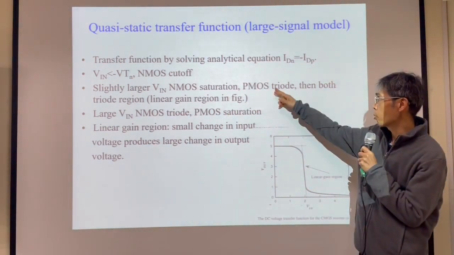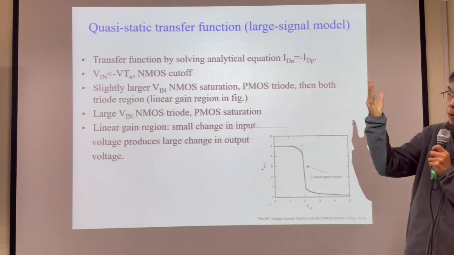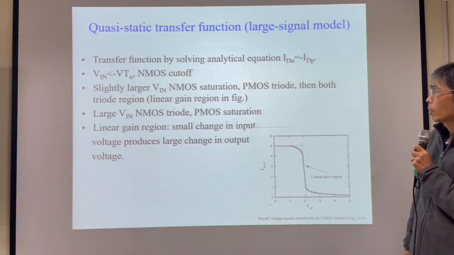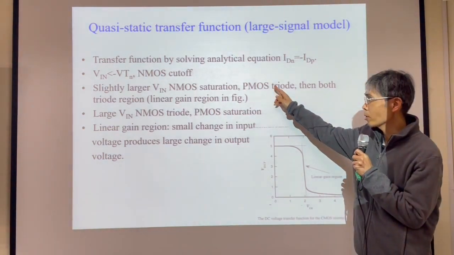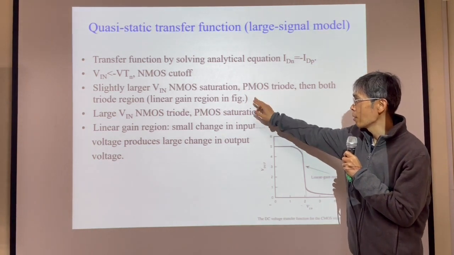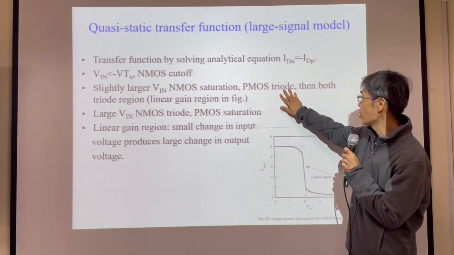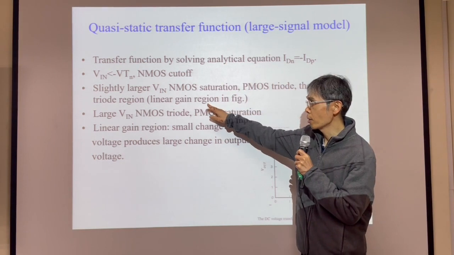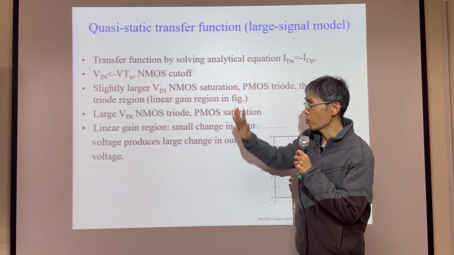If PMOS is in the triode region, the current is very small, then both devices, PMOS and NMOS, have small current. So you can think both devices are in the triode region.